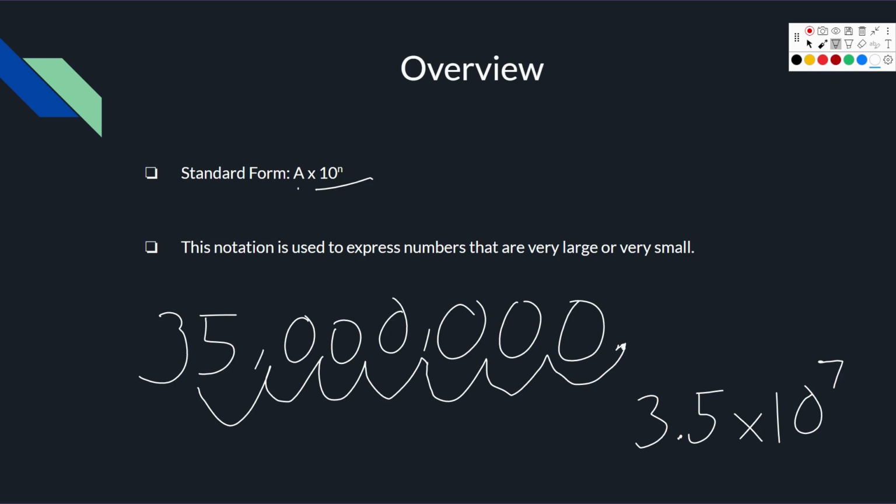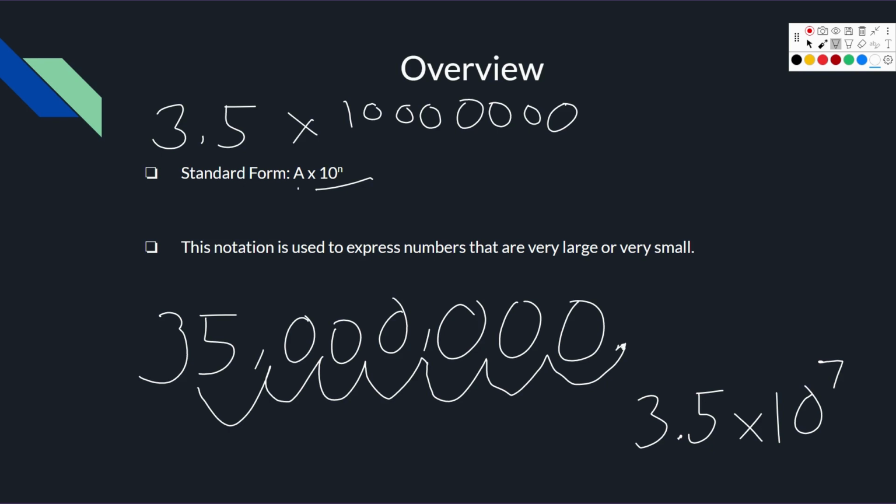And you can also test this. 10 to the 7th power is 1 with 7 zeros at the end of it: 1, 2, 3, 4, 5, 6, and 7. And basically, we know that these zeros, if we're multiplying, indicate how many spaces we're going to go.